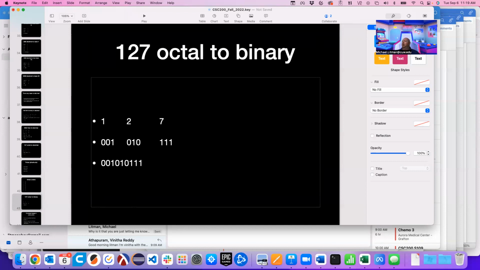That's the binary equivalent of 127. Because you can fully represent every octet using 3 bits, fully using the 3 bits, you can convert between octal and binary directly. Any octet you can write as its 3-bit binary equivalent.